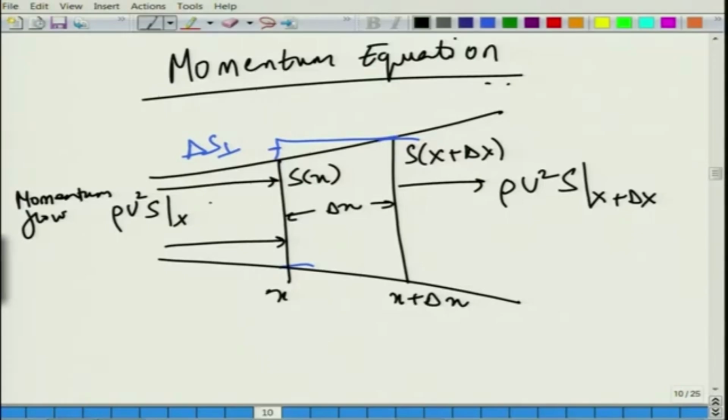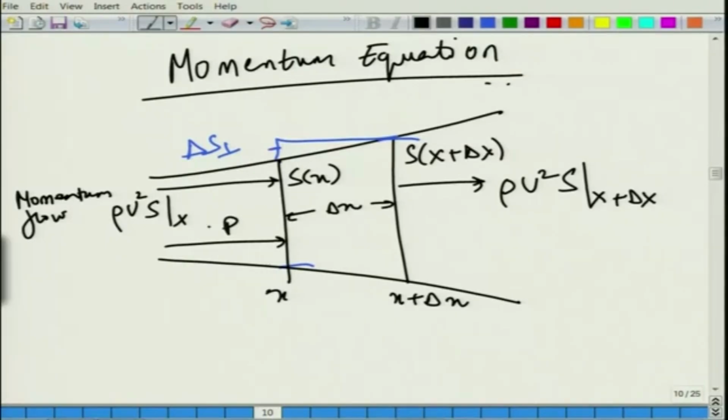Basically, this works out to be the force that acts on the face on the left hand side, and this is the force that acts due to the flux that is leaving on the other side. We need to take a difference of the forces due to these fluxes, and that is how we will probably get the terms in the momentum equation. Now, what we basically need is the other force, obviously the pressure force.